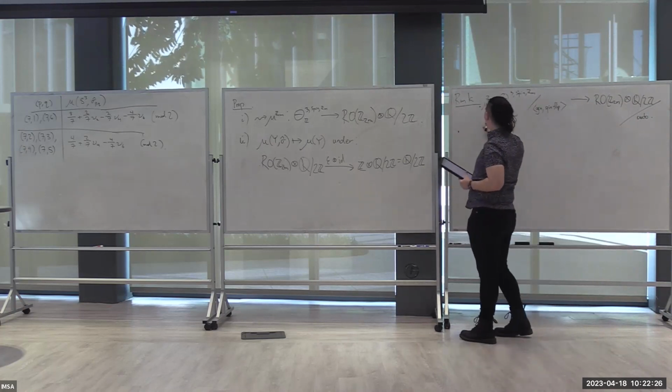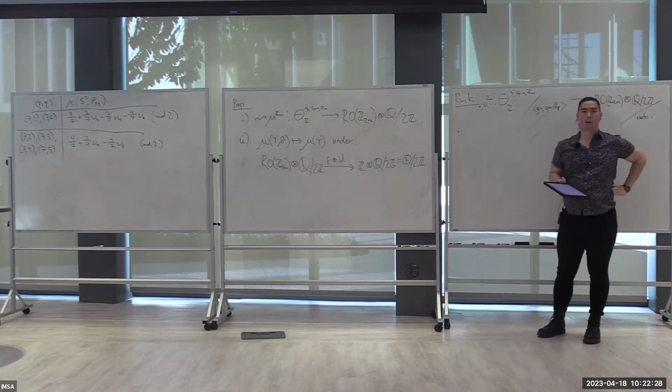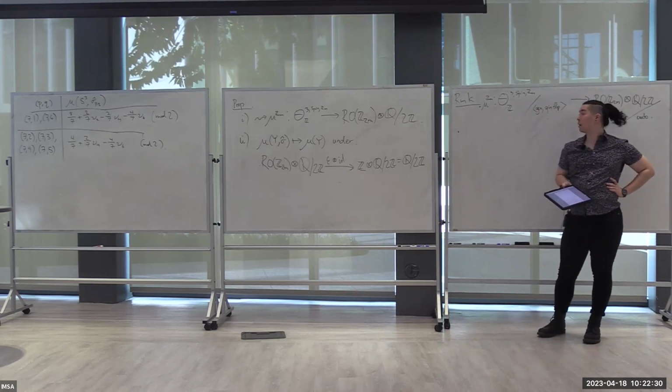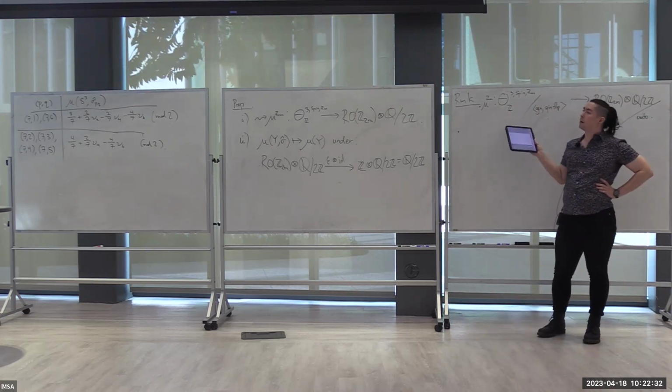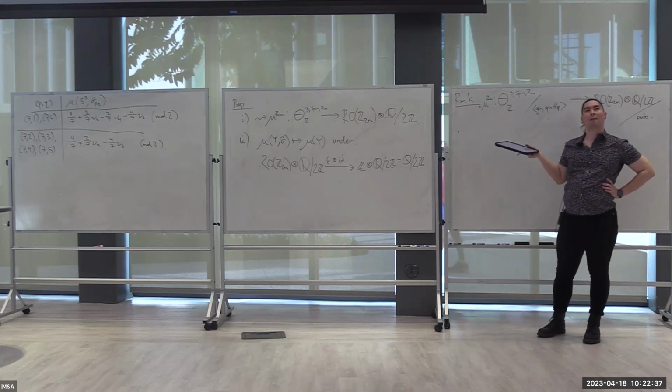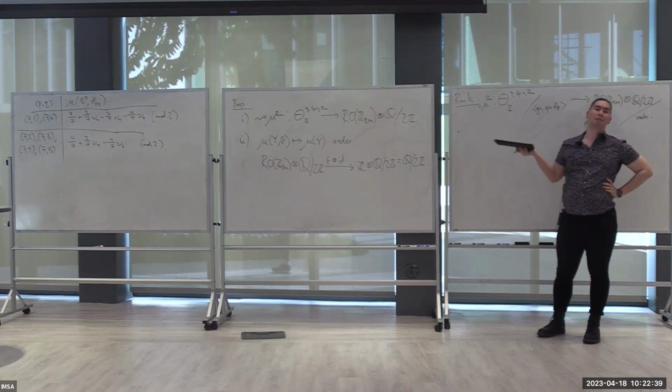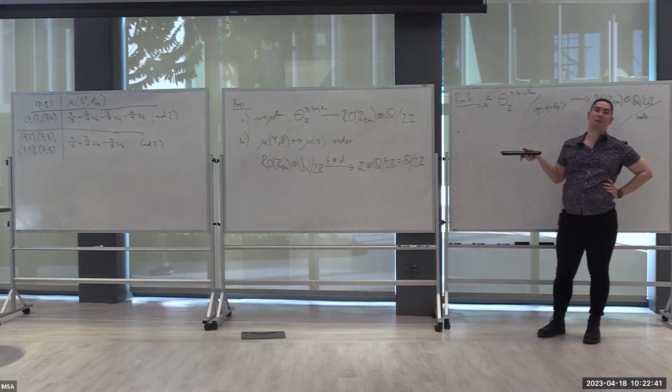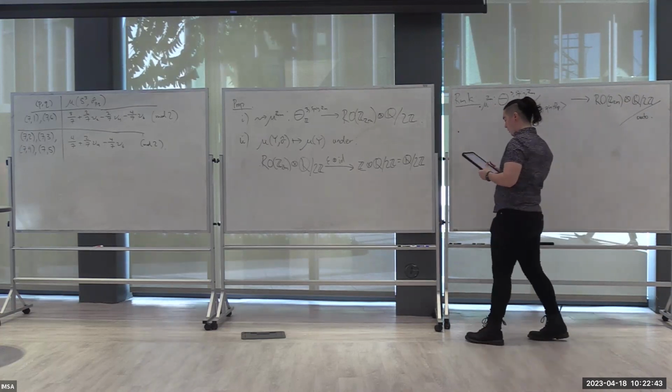All right, and then I've set everything in the context of integer homology spheres. You can do the same thing for rational homology spheres, taking the spin structure.